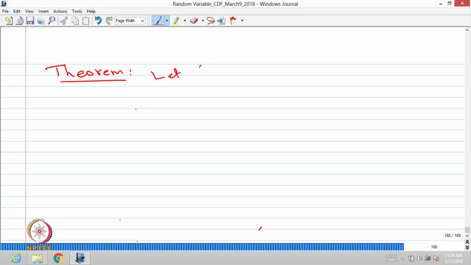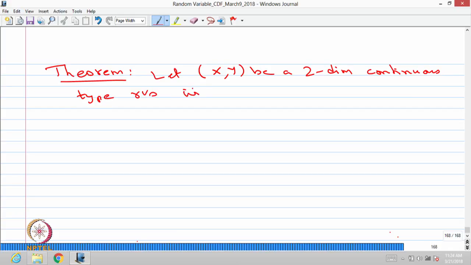So let me start with the two-dimensional, that is, let (X, Y) be a two-dimensional continuous type random variable with joint probability density function, that is a small f(x, y) with the variables x, y.